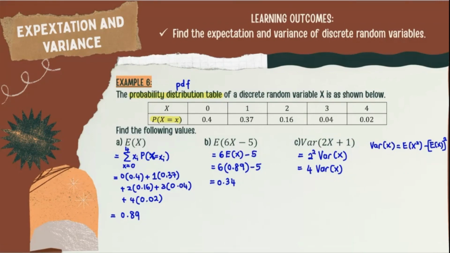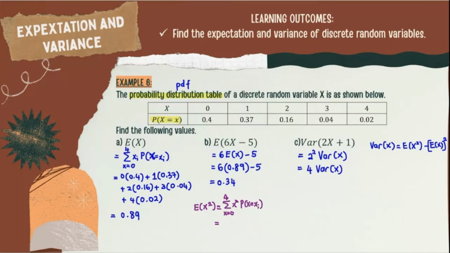So I'm going to calculate it down here. Tak cukup ruang. Sekejap. Kita bawa kat sini lah. So E of X squared will be equals to the summation daripada X equals to 0 until 4 of X squared multiplied by the probabilities.